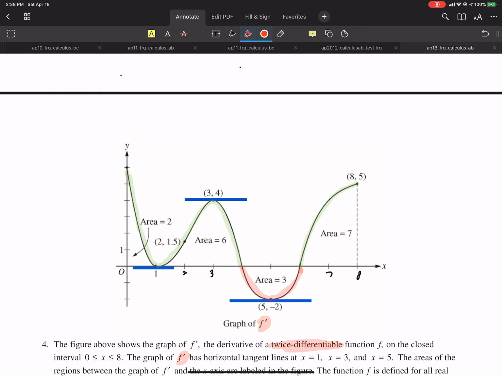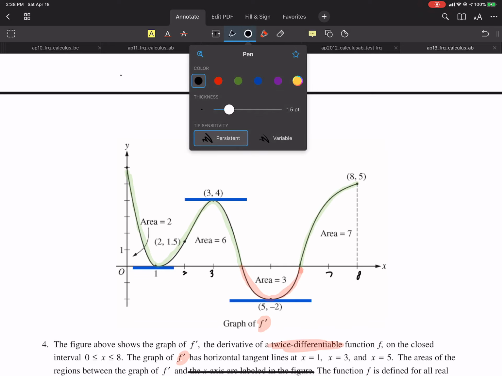The green regions, f prime's positive, so f is increasing wherever f prime is green. And f is decreasing whenever it's pink. So we can write that in words. But then we also need to know concave up and concave down. So I'm going to do concave down in red.